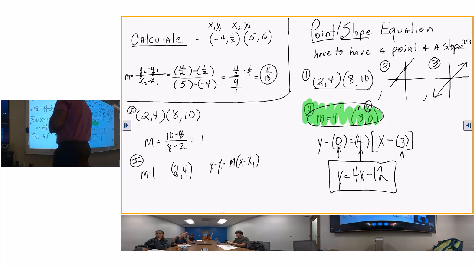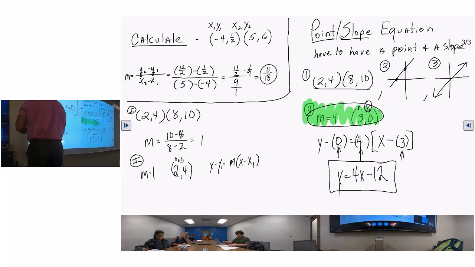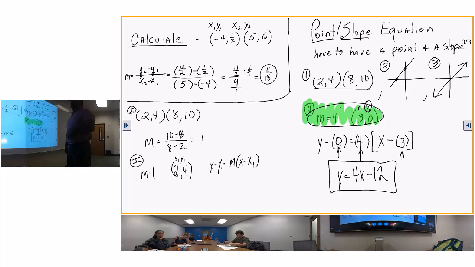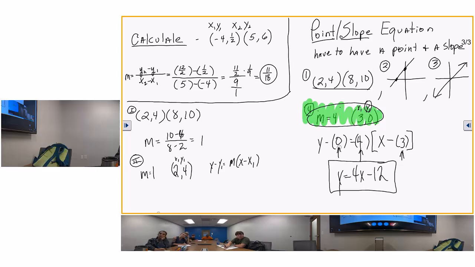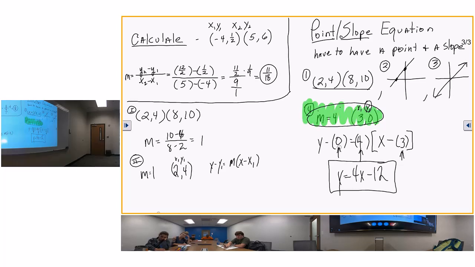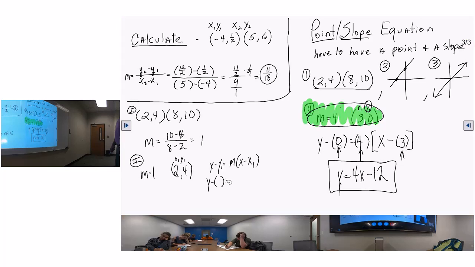Which way do we read? Left to right. That's x sub 1. That's y sub 1. All right. I want y'all to plug and chug. I want y'all to do it. So I'm going to go ahead and put y minus parentheses equals parentheses times x minus parentheses.